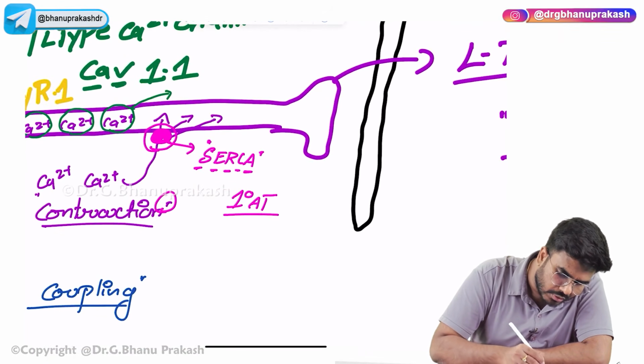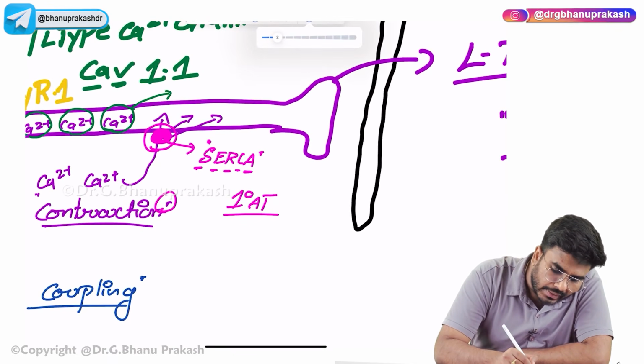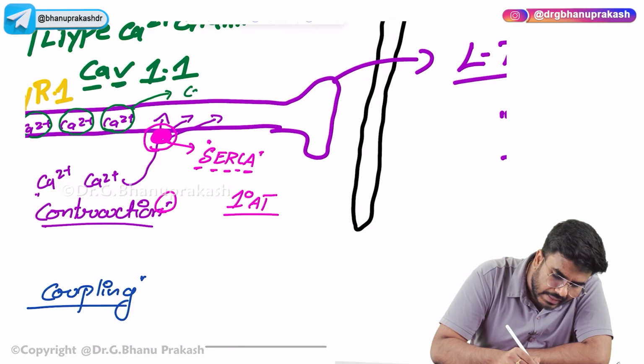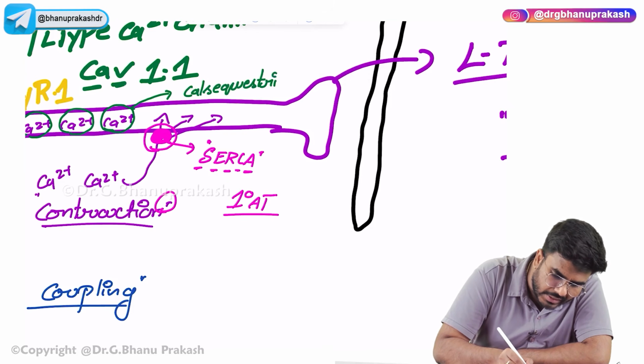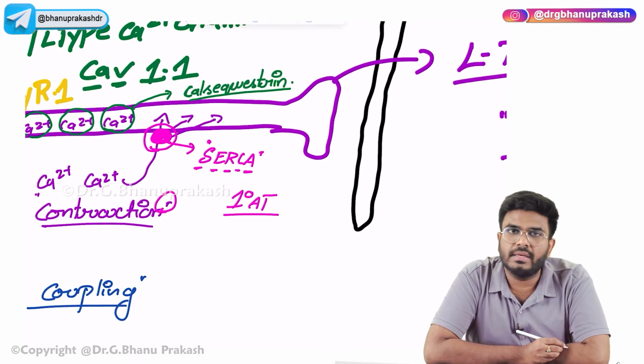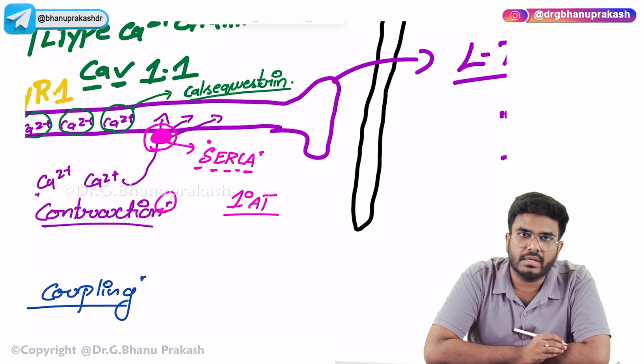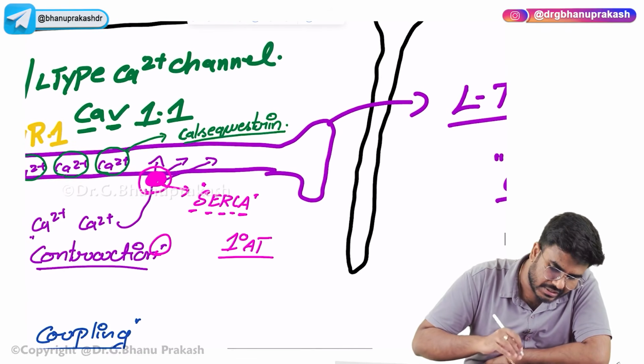The calcium within the sarcoendoplasmic reticulum is totally bound with calsequestrin. This calsequestrin is present in skeletal muscle, myocardium, as well as smooth muscle cells. So calsequestrin binds with calcium.